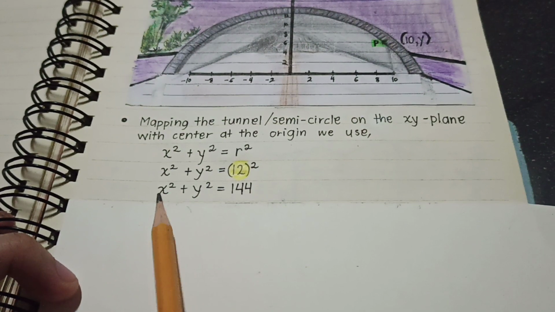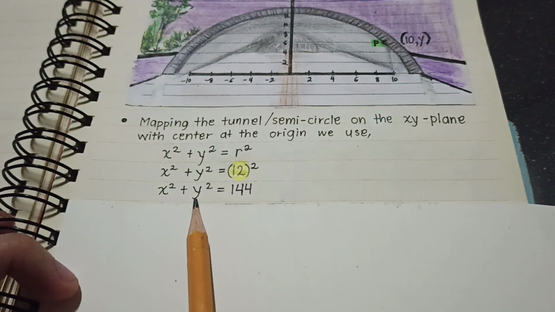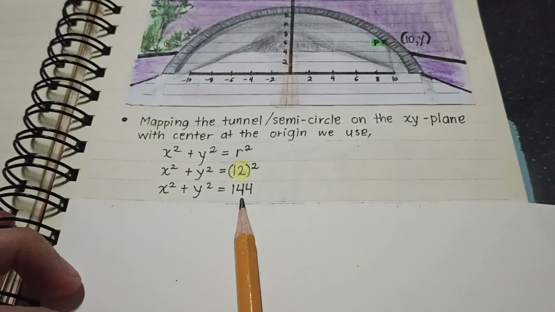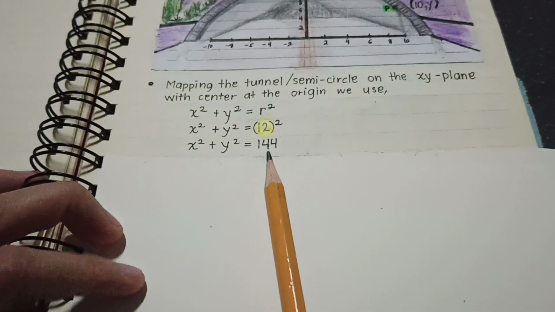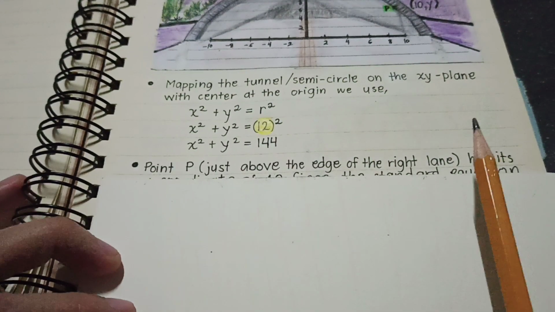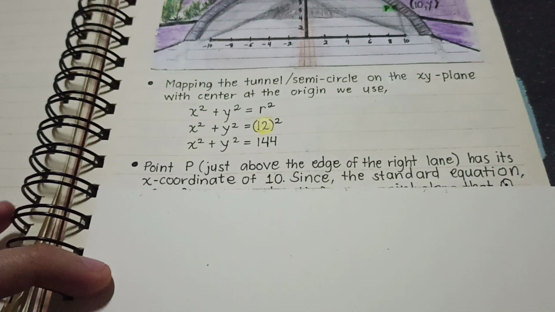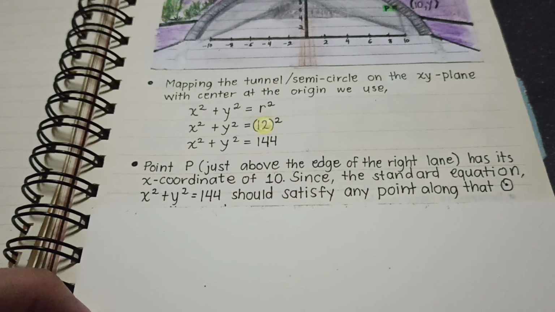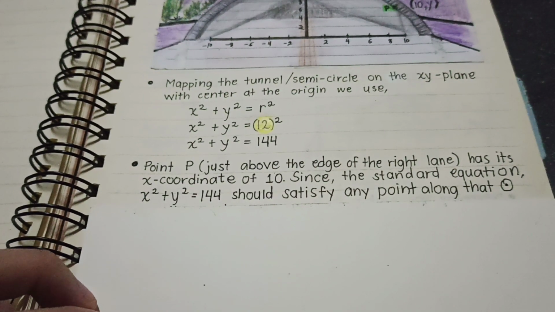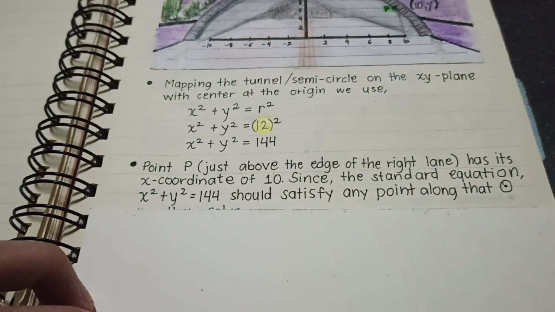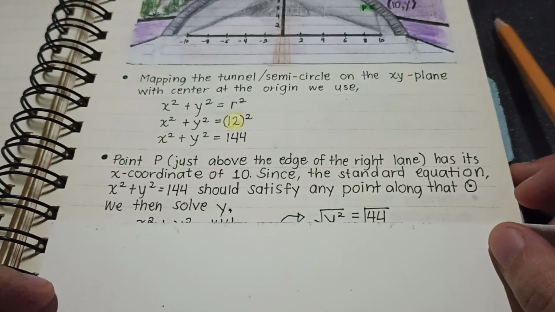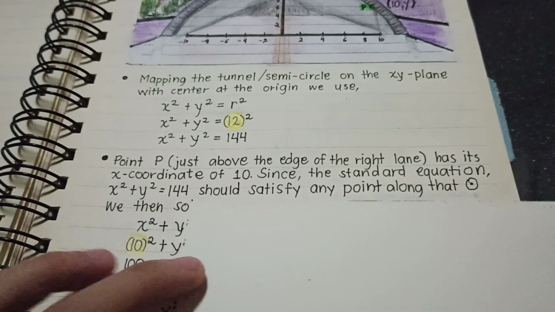I'll substitute 10 here, substitute the real value of y here, then I should arrive at 144. So point P just above the edge of the right lane has its x-coordinate of 10. Since the standard equation x squared plus y squared is equal to 144 should satisfy any point along that circle, we then solve y. How?